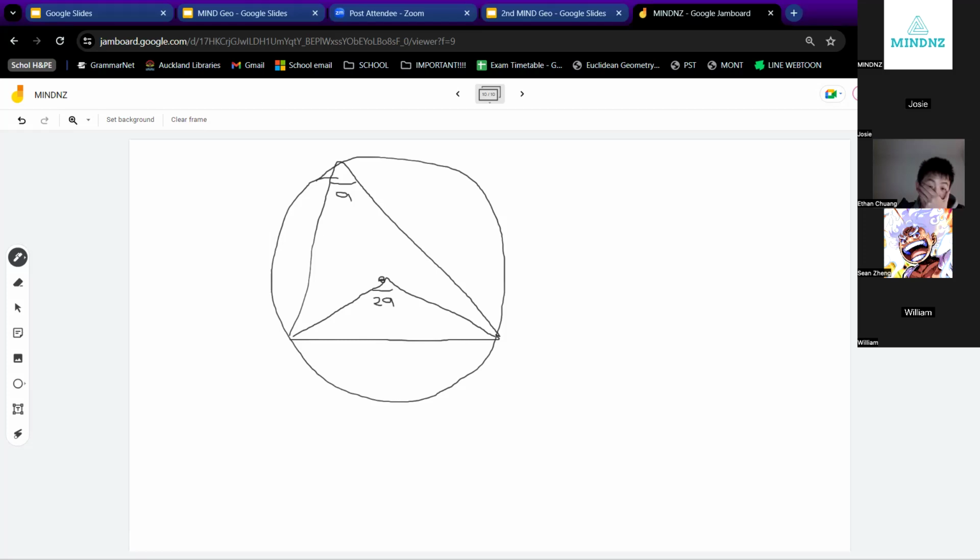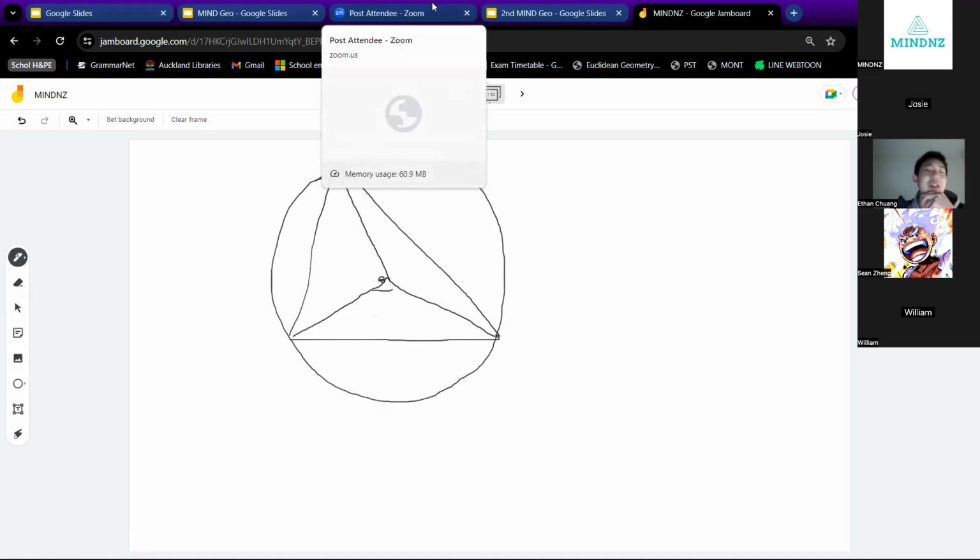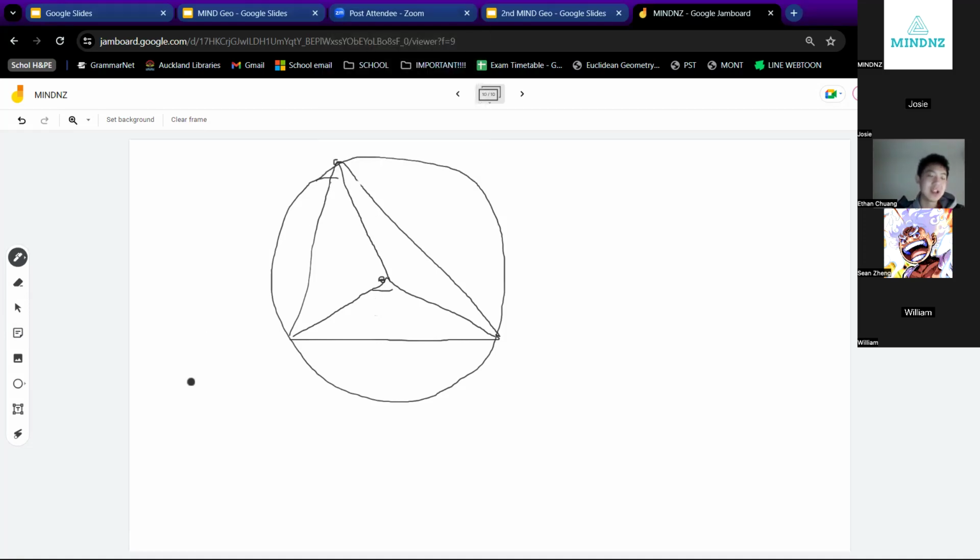We're going to do something similar to the last proof I just showed you. We're going to take this point here and connect it to the center again. The only property circles have is that all the distances from the points to the center of the circle are exactly the same, so we're going to try to exploit this property as much as possible.